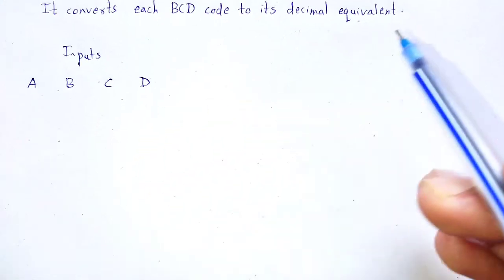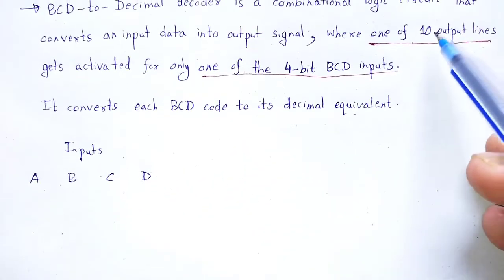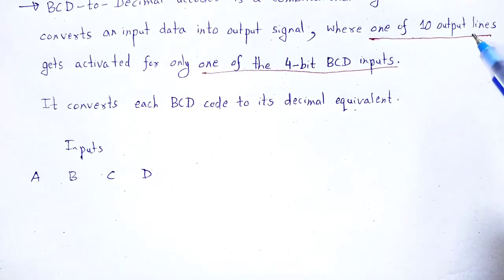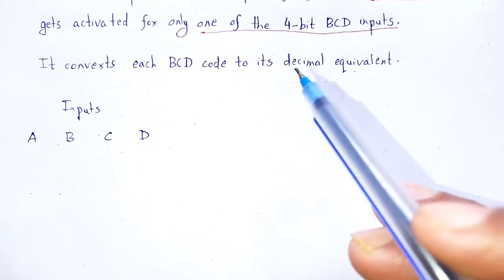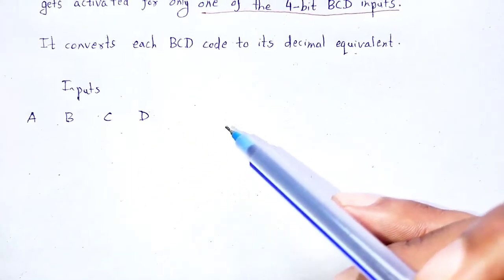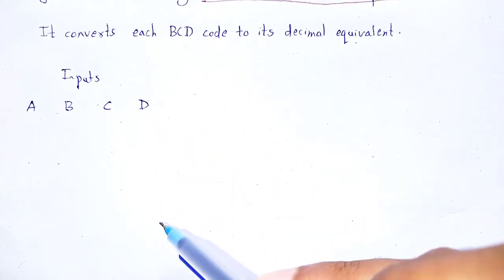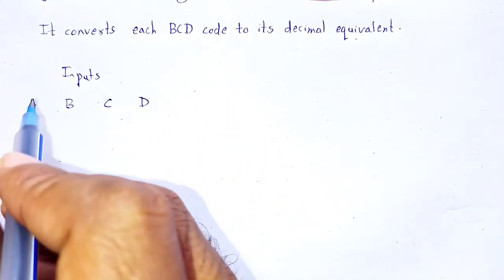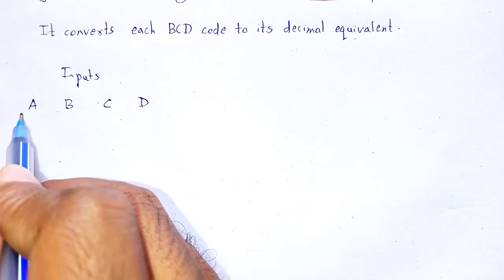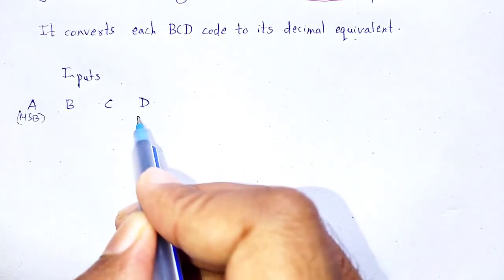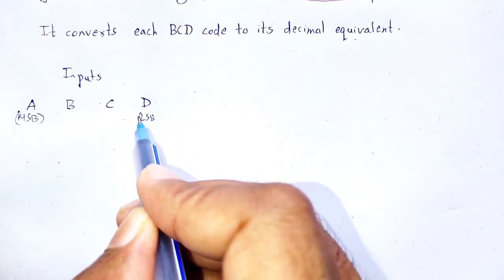But here we consider 10 output lines, therefore we proceed with the conditions up to 10 lines, where A stands for the most significant bit and D stands for the least significant bit.